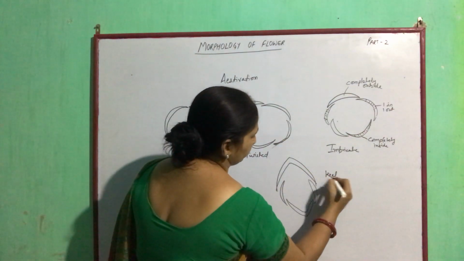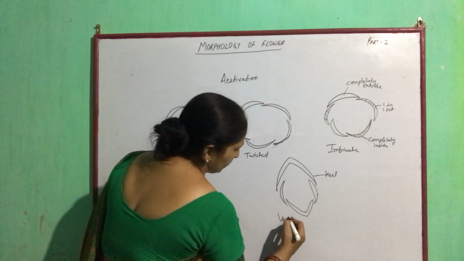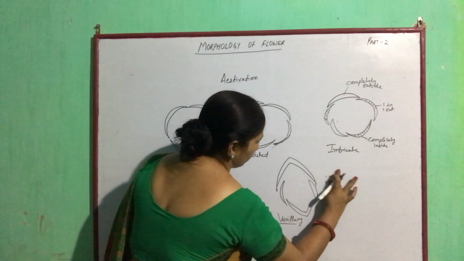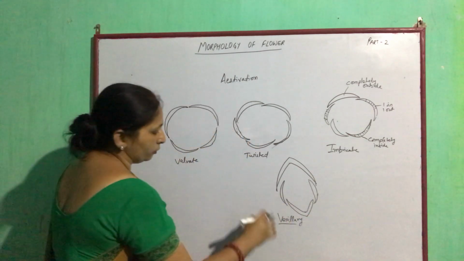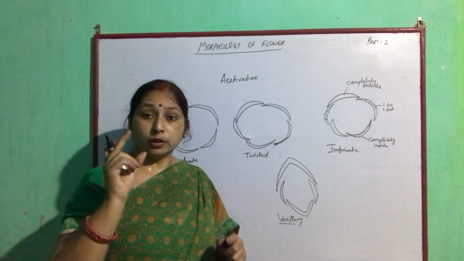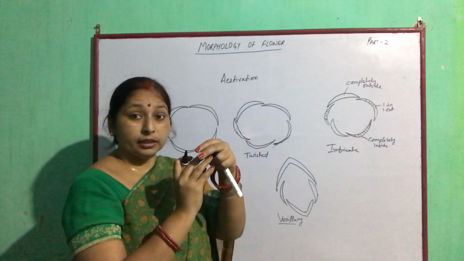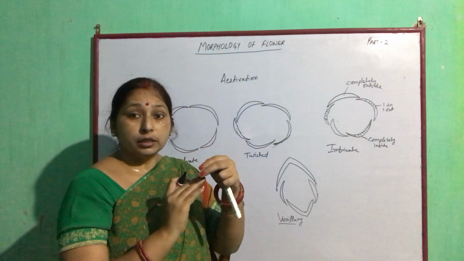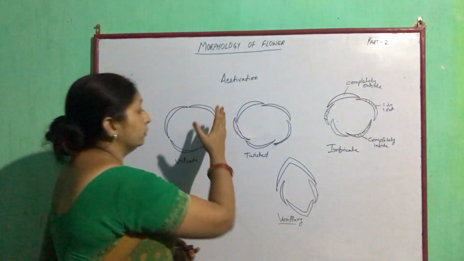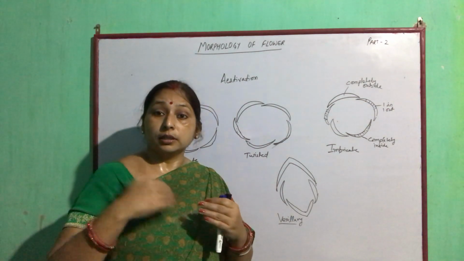This type of arrangement is termed as vexillary floral arrangement, where two petals fuse to form a single one, and one is totally covering the other floral whorls.